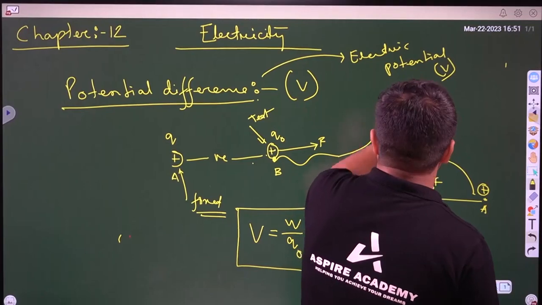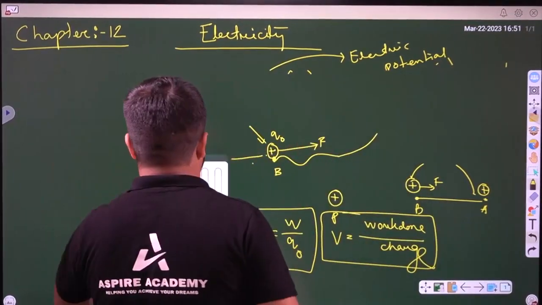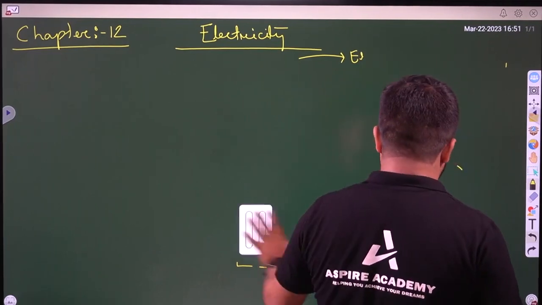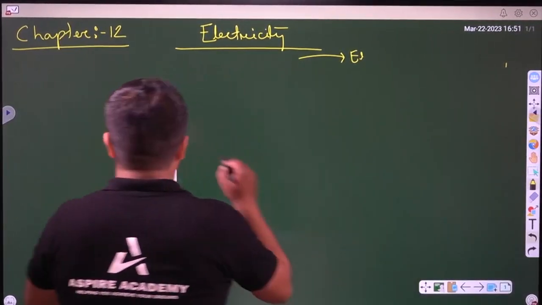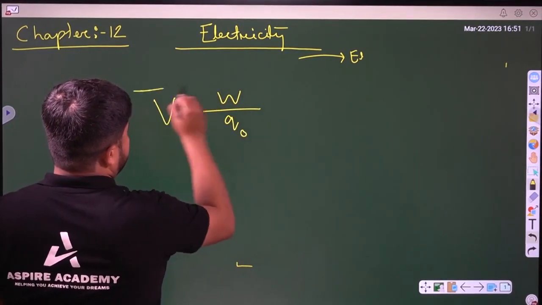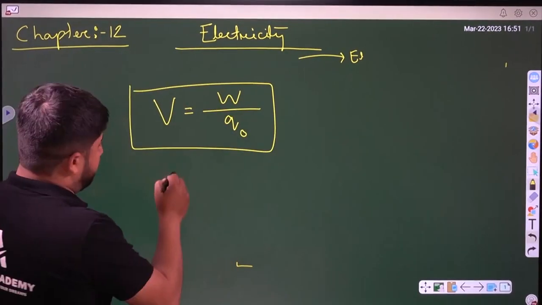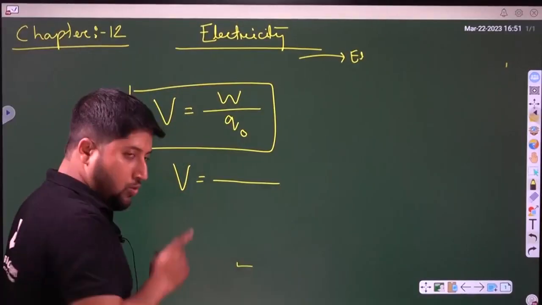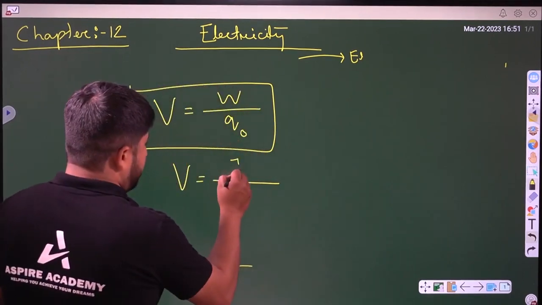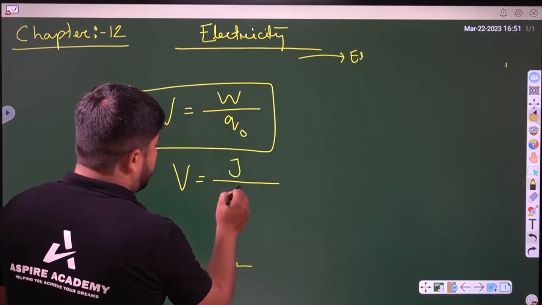Now what is the SI unit of potential difference? V is equal to W by Q naught, the main formula. W means work done, and the SI unit of work done is Joule, J. The unit of charge is Coulomb.